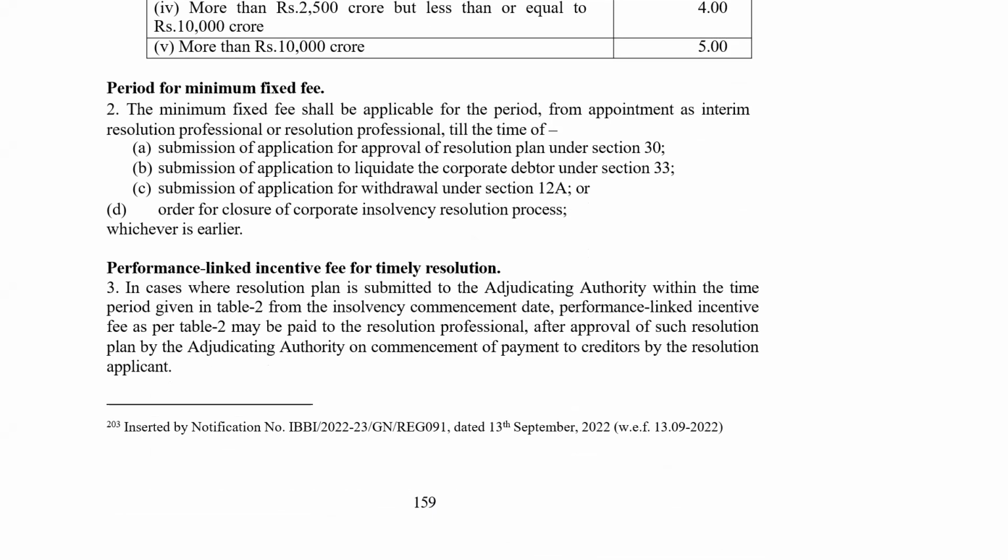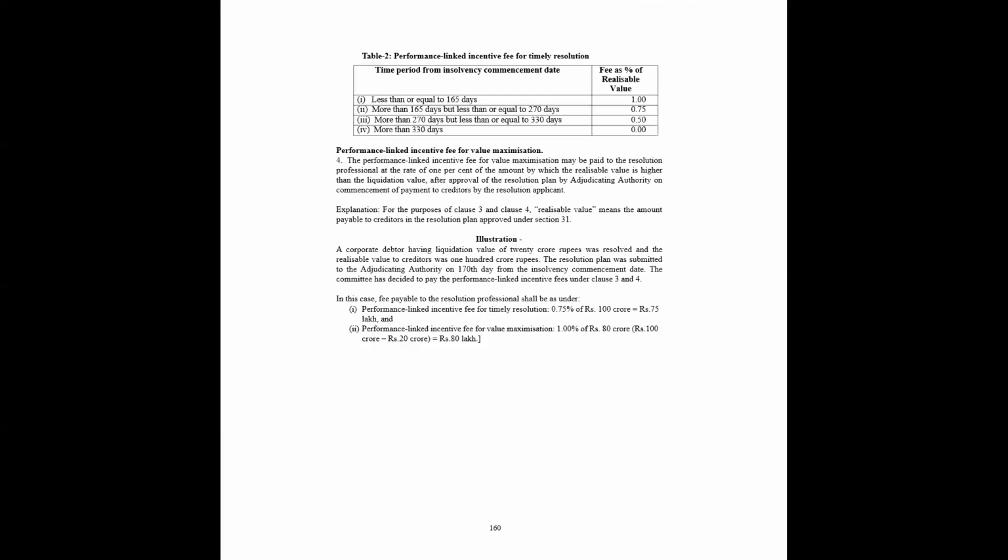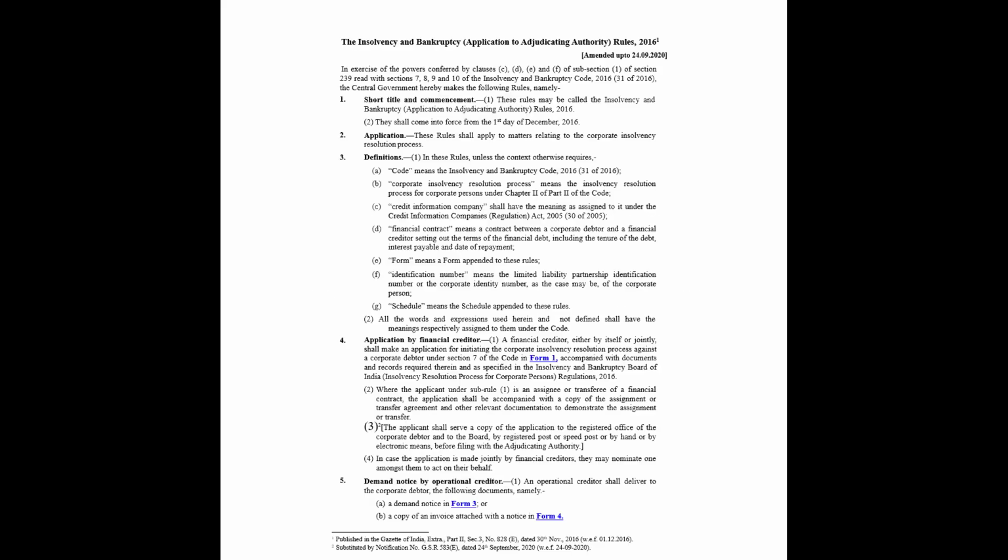Second, when you have submitted the application to liquidate, and when you have submitted the application to withdraw from this process under 12 or order for closure of the CIRP, whichever is lower. So in all these cases, fees will be lower than this. Then there is a performance linked incentive for timely resolution and a performance linked incentive for value maximization. So this is the way in which fees is decided.